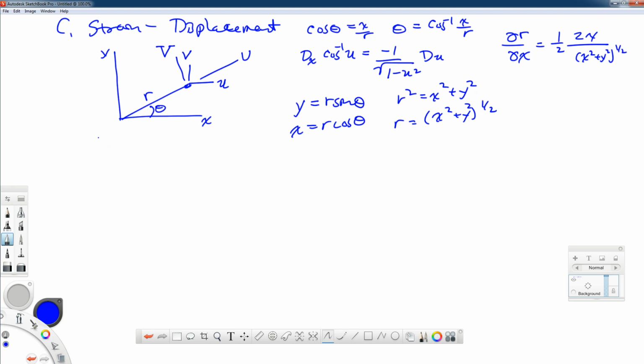Now, we can write little u in terms of the capital U and V. Little u is equal to capital U cosine theta minus capital V sine theta. And little v can be written as capital U sine theta plus capital V cosine theta.